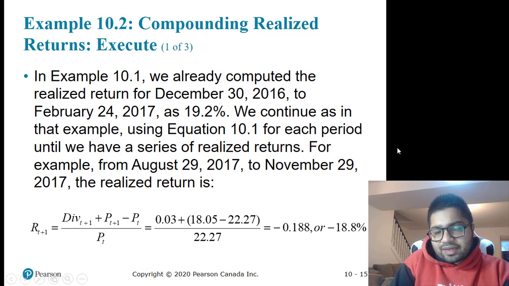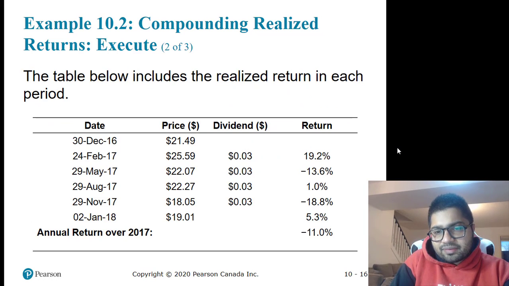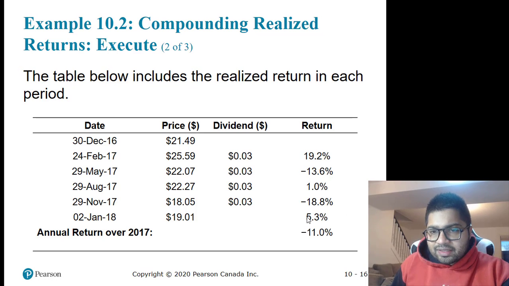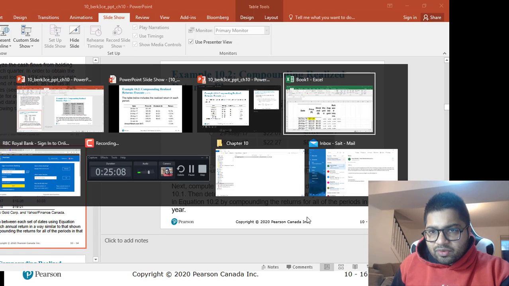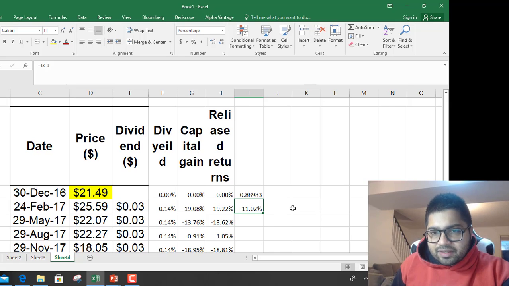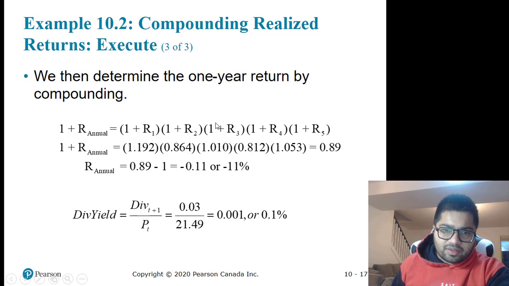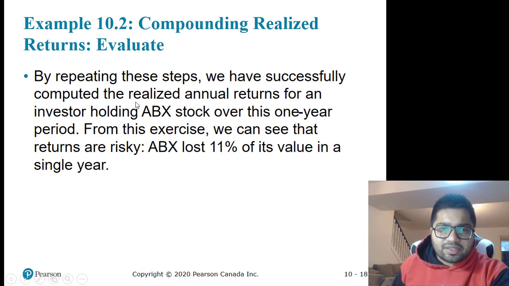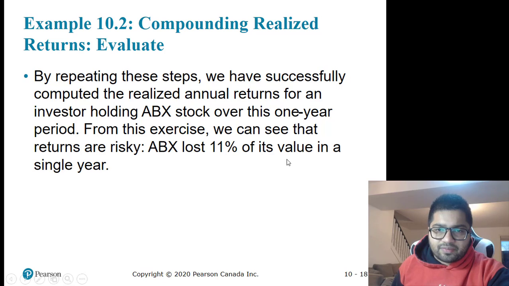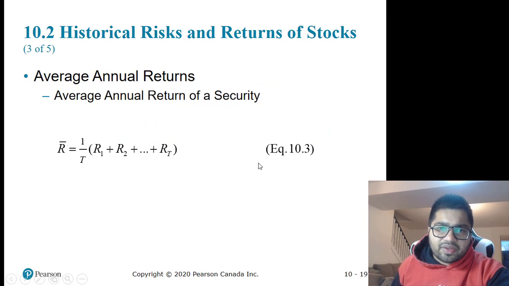So they have calculated for each period: returns, dividends, the overall return was negative 11%. So they've shown the calculations. By repeating these steps, we have actually computed the realized returns for holding the stock over this period. So this stock has lost 11% value in the given year.